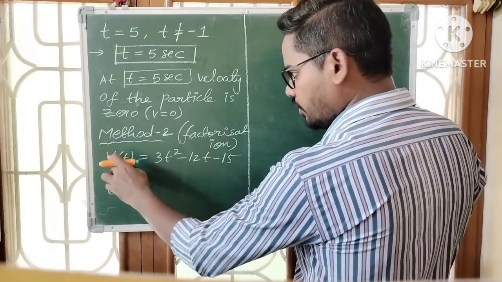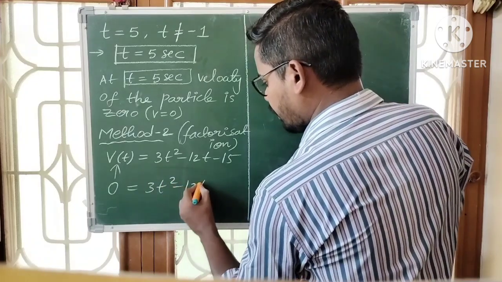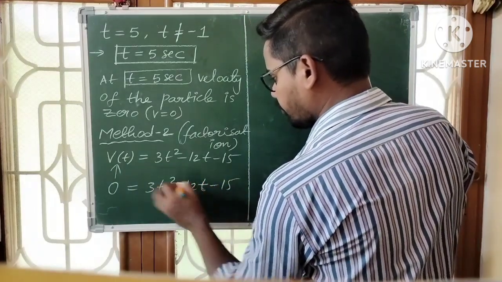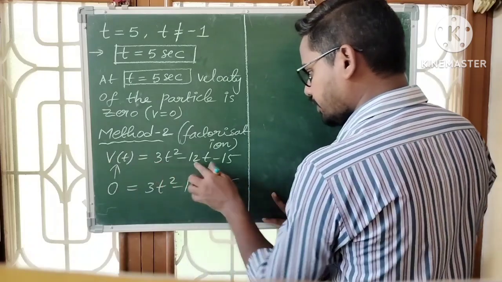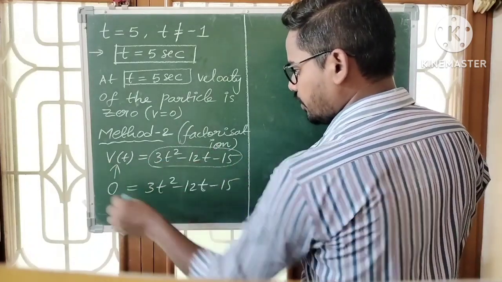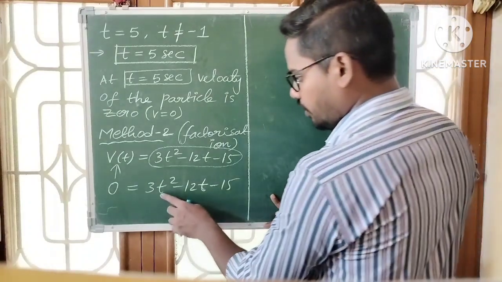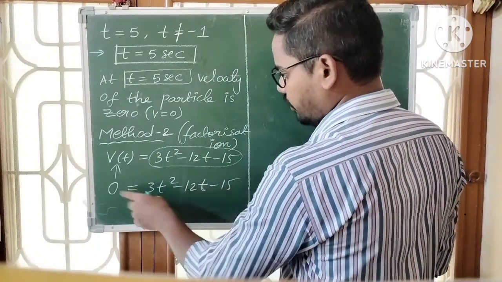This velocity is equal to 0 when 3t square minus 12t minus 15 is equal to 0. That's why this expression is equal to 0. Now we need values of t for which this expression is equal to 0.